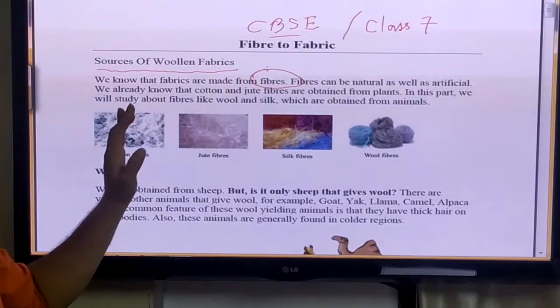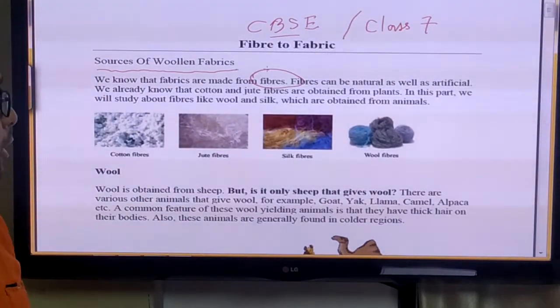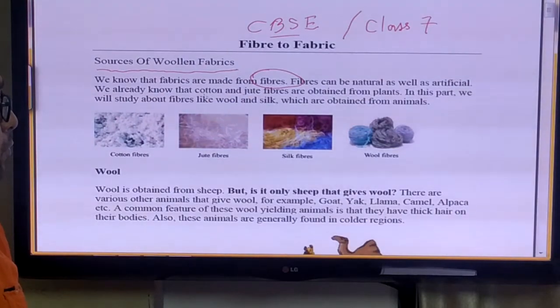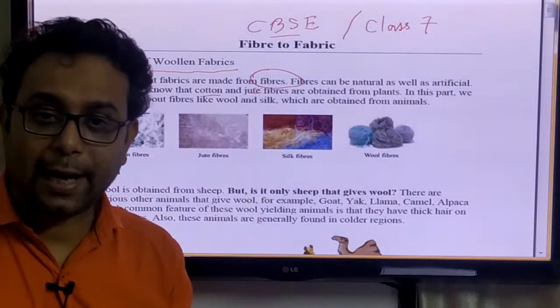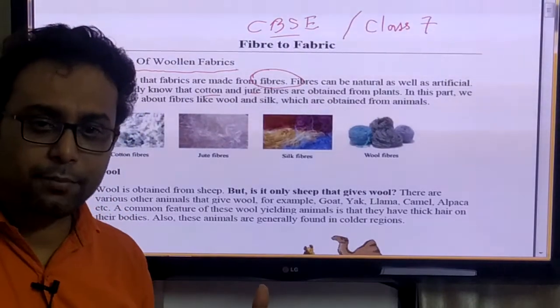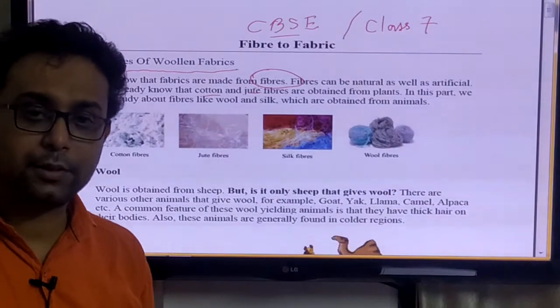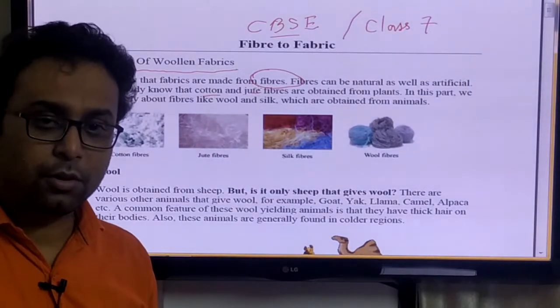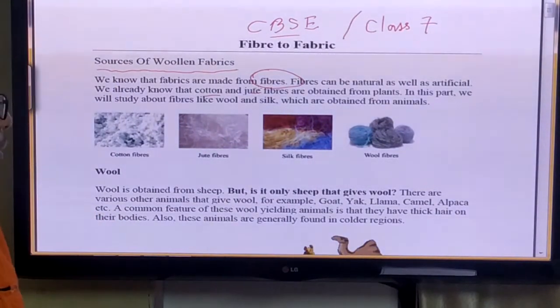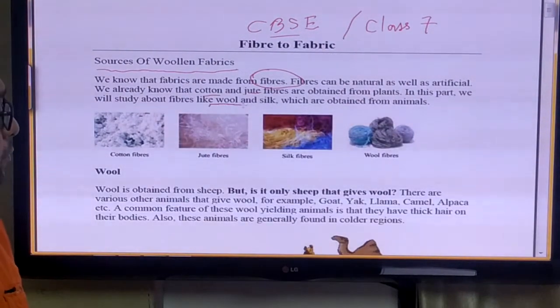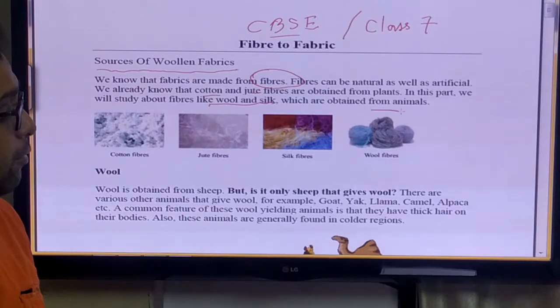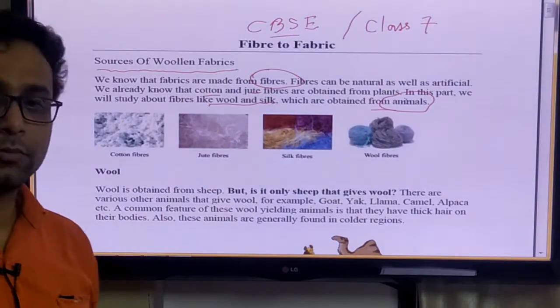We already know that cotton and jute are obtained from plants, so those are natural fibers. Also, we get fibers from animal sources, like wool and silk, which are obtained from animals.